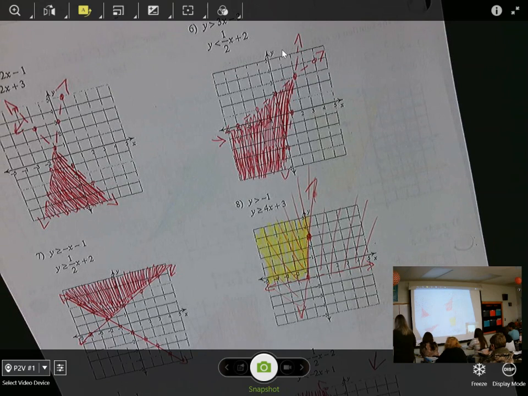Today's assignment is individual. The first couple problems are in slope-intercept form, but then the others are in standard form. So you're either going to need to put them in slope-intercept form before you graph them, or you can use x and y intercepts to graph, whichever one you want to do. But this is individual, on your own.